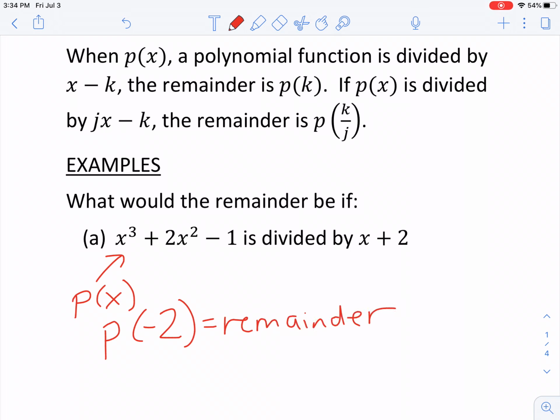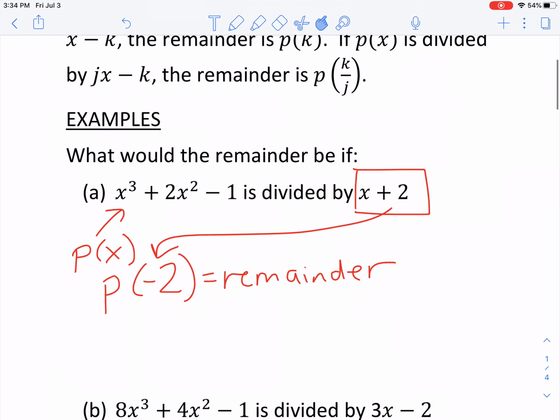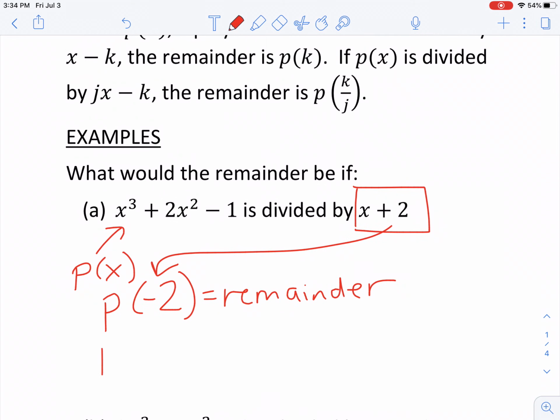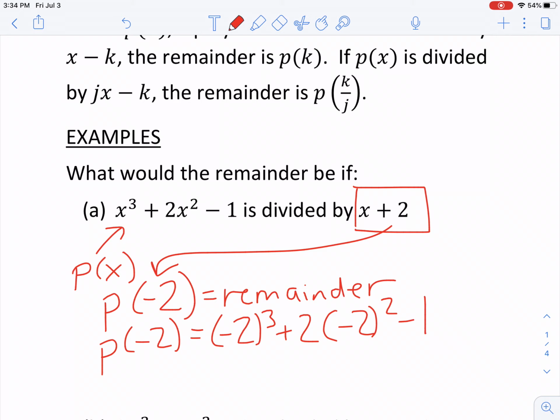And you'll notice that because this was x plus 2, I'm plugging in negative 2 into my independent variable spot. So everywhere I see an x, I'm just going to replace it with negative 2. So negative 2 cubed plus 2 times negative 2 squared minus 1.